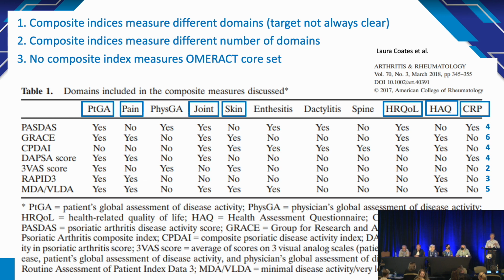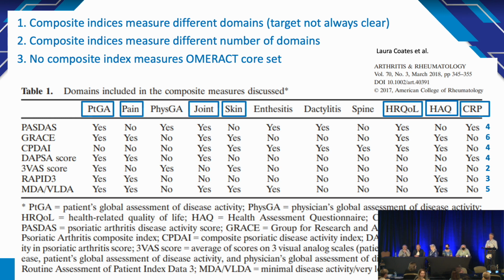That's very difficult because I don't see that there is any logic in all of these instruments. Why not? Well, these are the domains in the red box that are important for people with psoriatic arthritis.